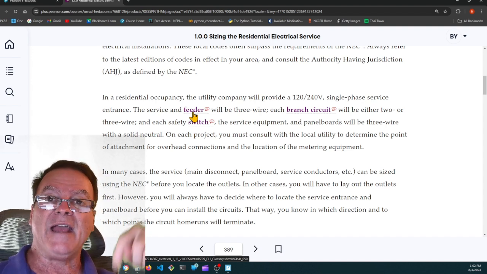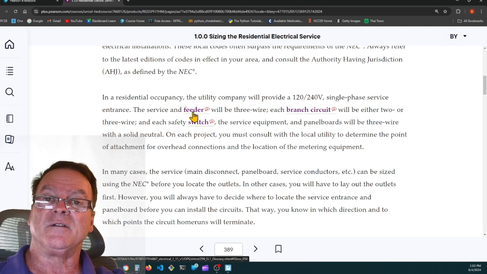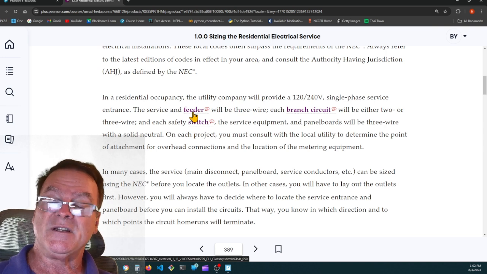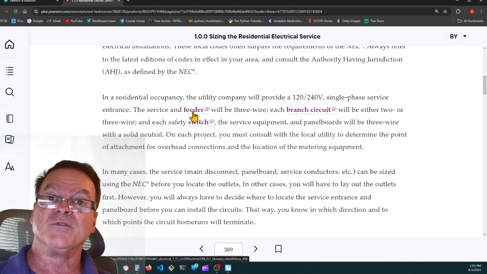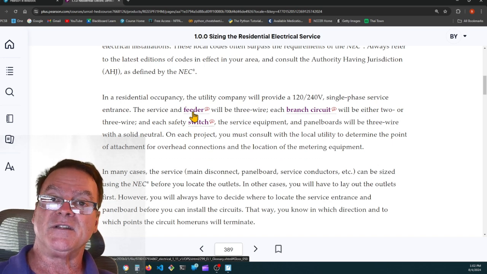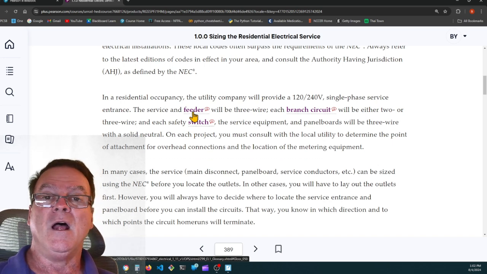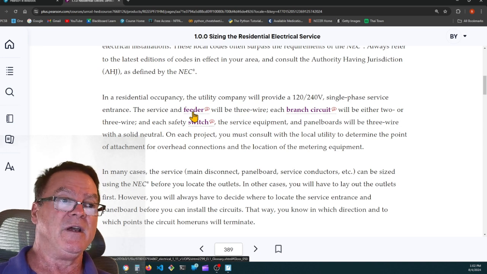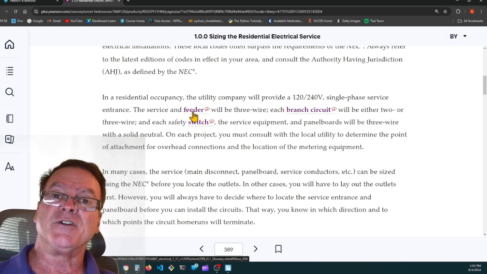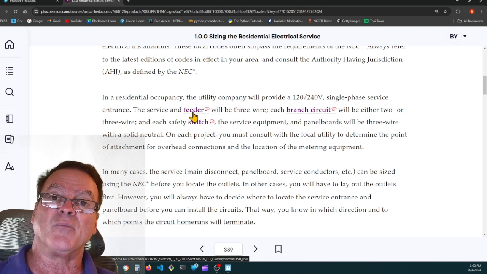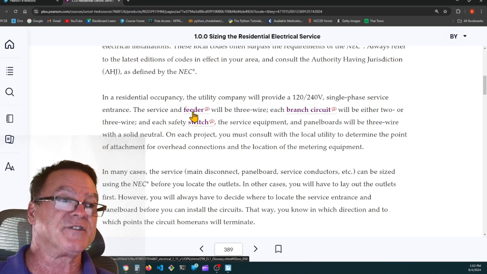And if you go out to the AC unit, the air conditioning compressor outdoors, if you put a fused disconnect outdoors, those are feeders technically, supplying the fused disconnect. The branch circuits are from the last overcurrent protection device to the utilization equipment. So using that air conditioner as the example, from the fused disconnect to the air conditioning compressor, those would be a branch circuit.